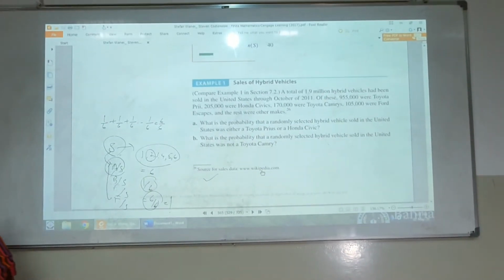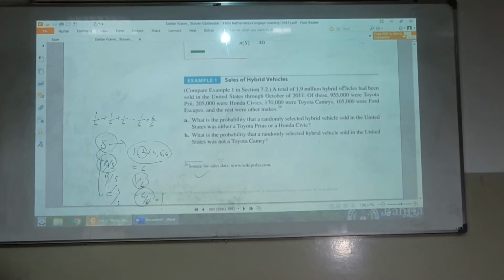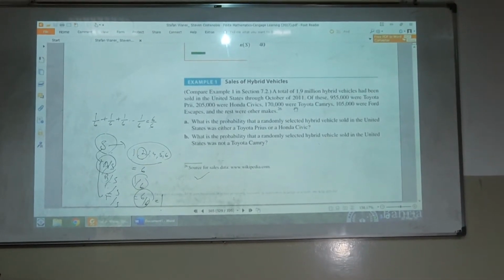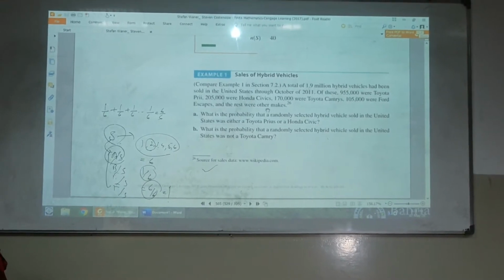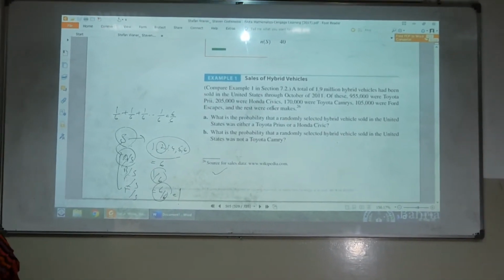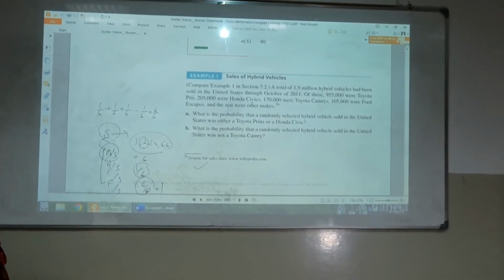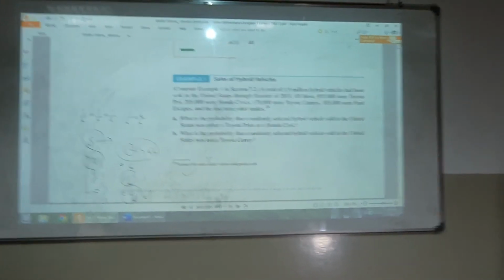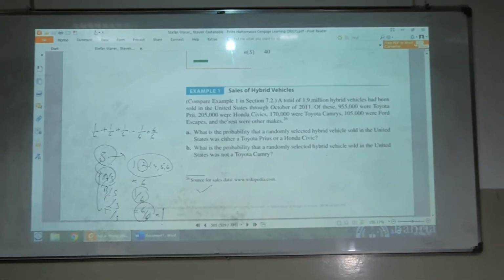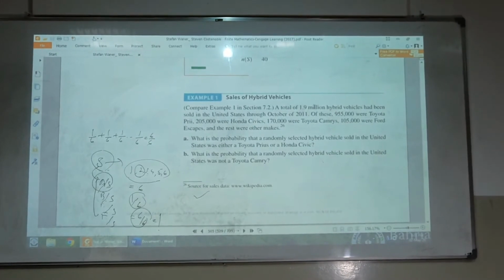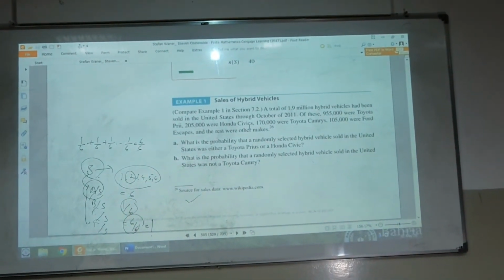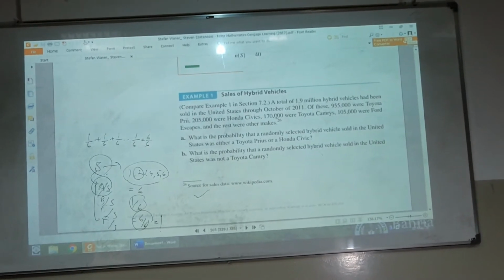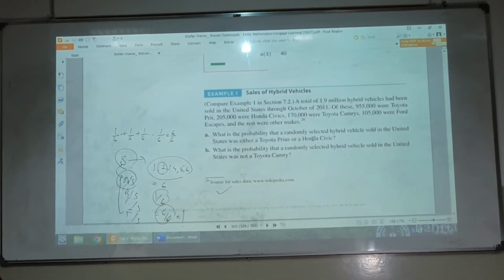Or we can just subtract the Toyota Camrys out of it. 170,000 is for Toyota Camry, 205,000 is for Honda Civics, and 955,000 are Toyota Prius. So we have 955 by 1.9 million and 205 by 1.9 million, but we will not have 170,000 for Toyota Camrys in this case, or Ford Escapes.